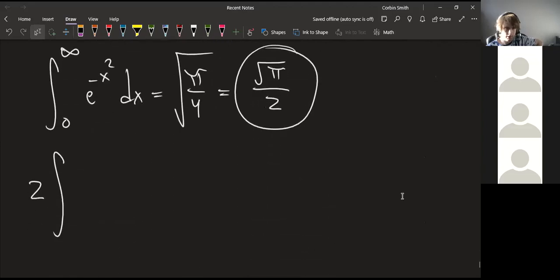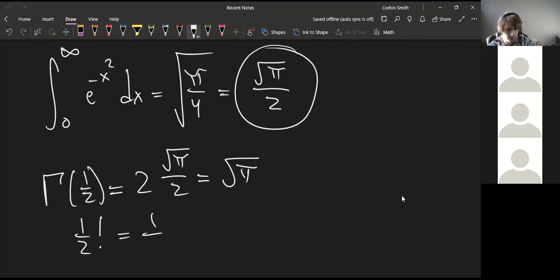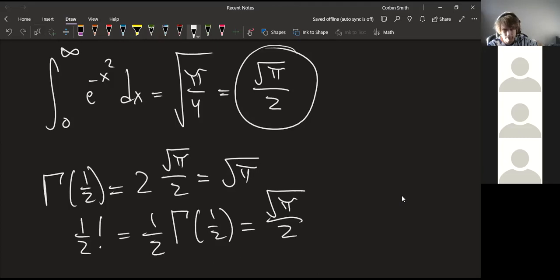There we go. So we said that gamma of 1/2 is equal to 2 times square root of pi over 2, which equals the square root of pi. And 1/2 factorial is equal to 1/2 times gamma of 1/2, which is equal to square root of pi over 2.